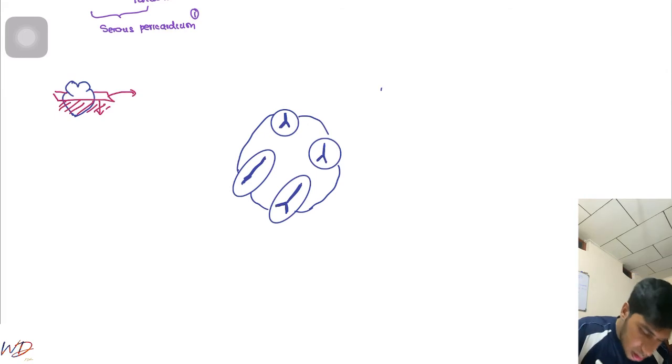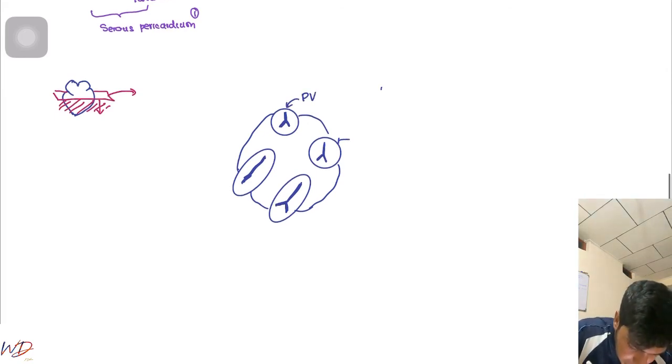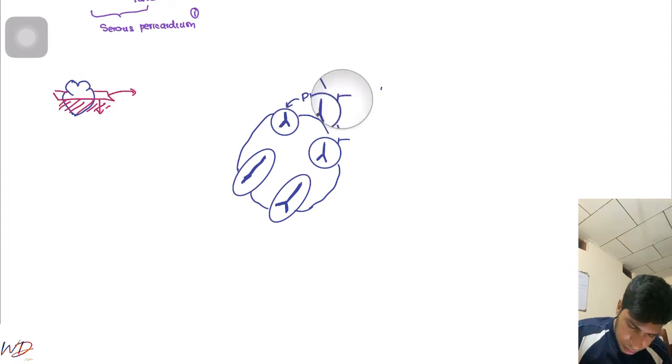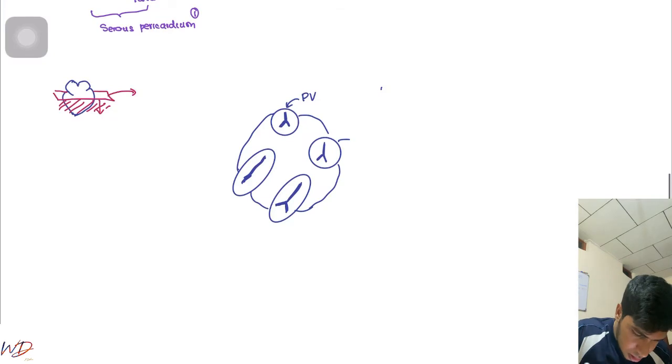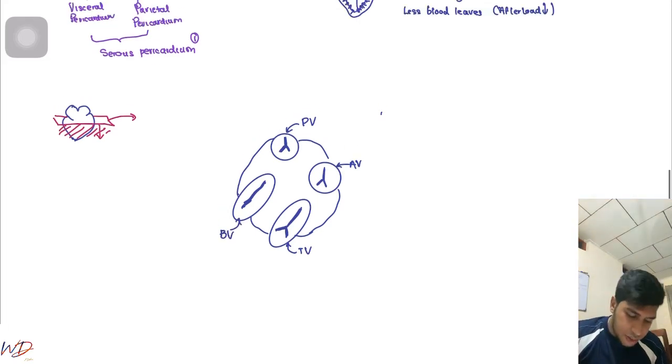So let me tell you, this is the pulmonary trunk, pulmonary valve, aortic valve, this is the aortic valve, this is the tricuspid valve, and this is the bicuspid valve or the mitral valve.